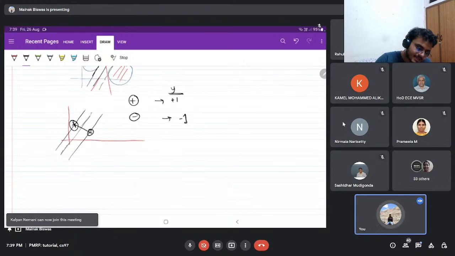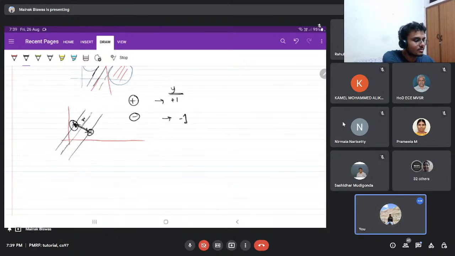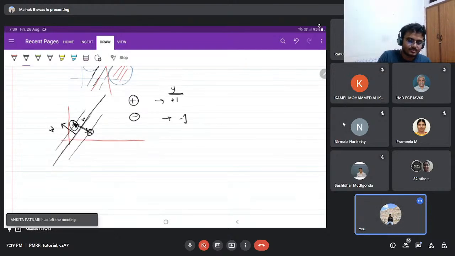Now you see what our desire is. Our desire is to maximize this distance. So this is your vector W for this classifier, and this is the plane that you want to find.